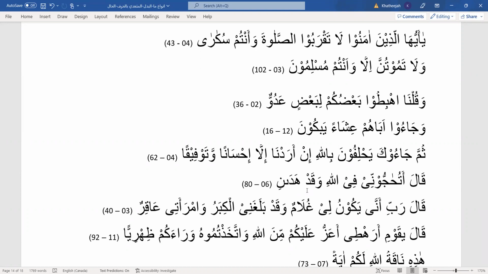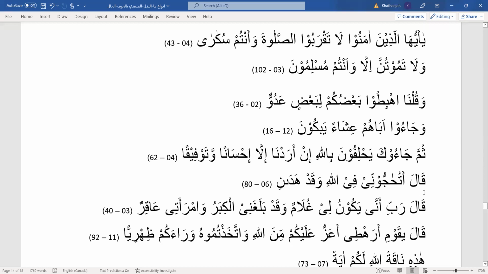So if a jumla fi'liya with al-fi'l al-madi in it is used as hal, then it should start with waqad. So waqad, you can say, is the rabit, the connector here, when al-madi is used in a jumla fi'liya which is being used as hal.